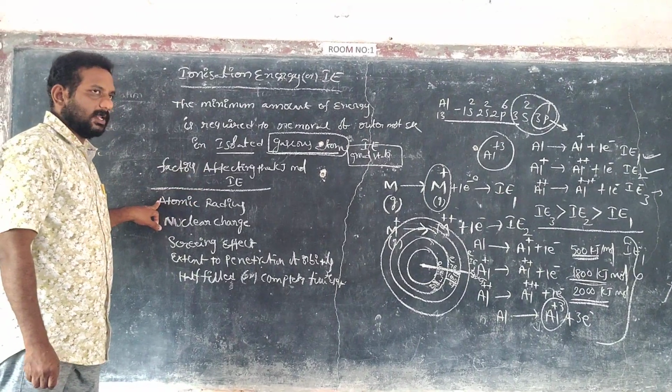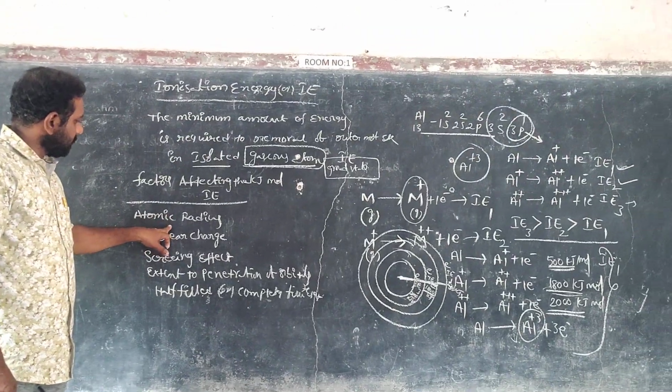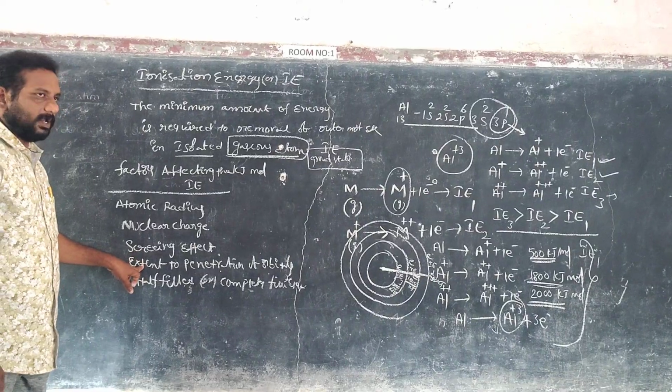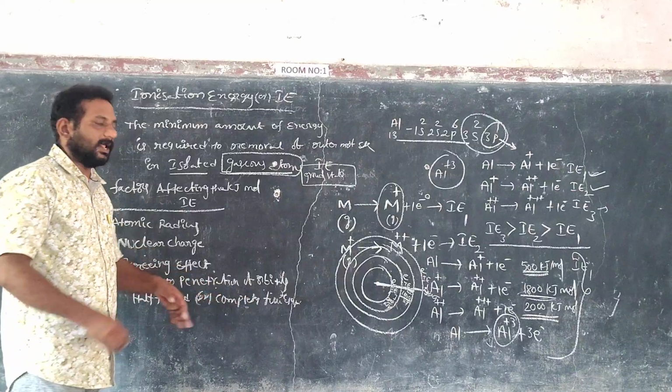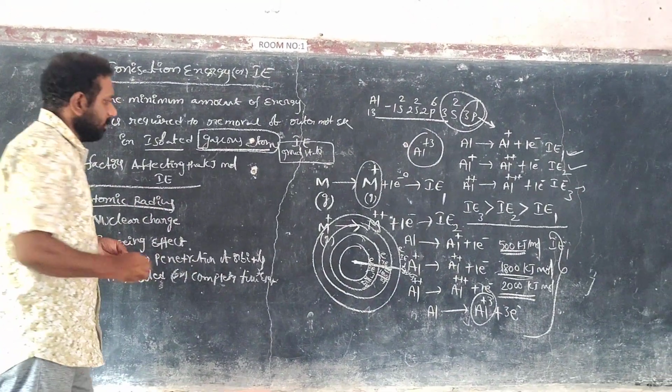There are 5 factors affecting ionization energy: atomic radius, nuclear charge, screening effect, extent of penetration of orbitals, and half-filled or completely filled electrons. First one, atomic radius.